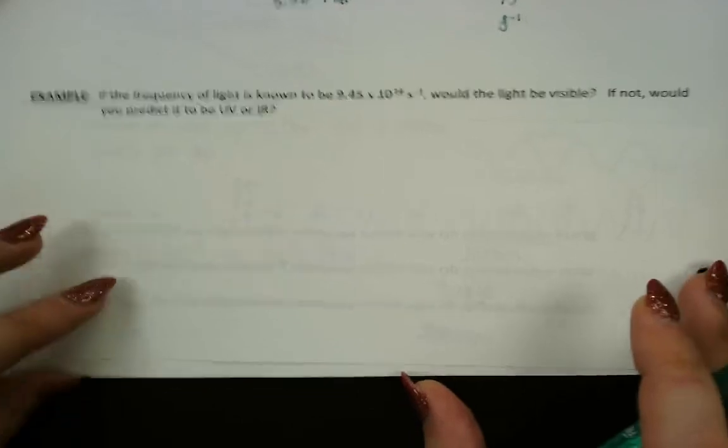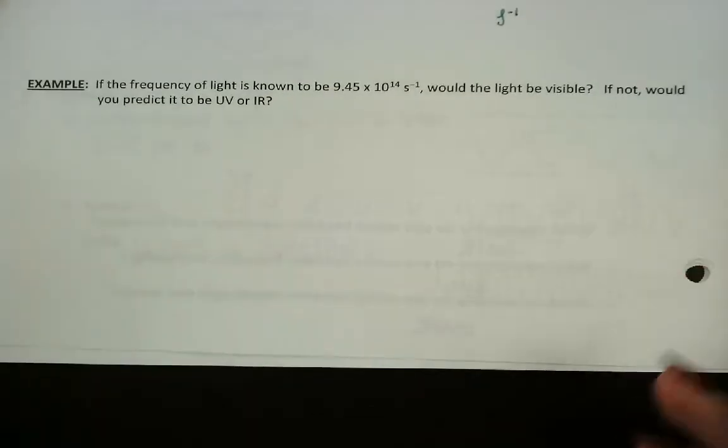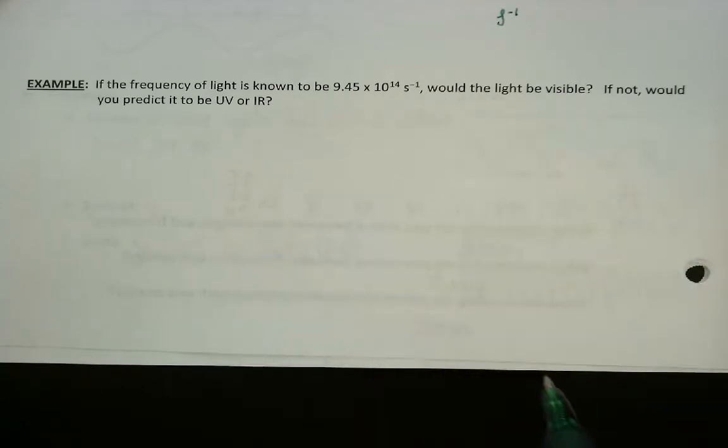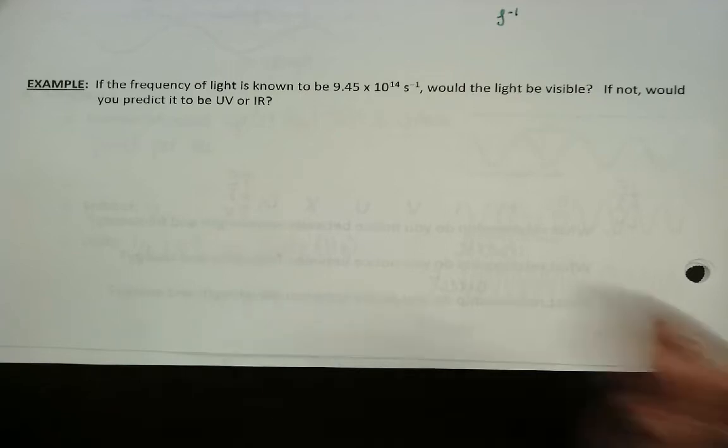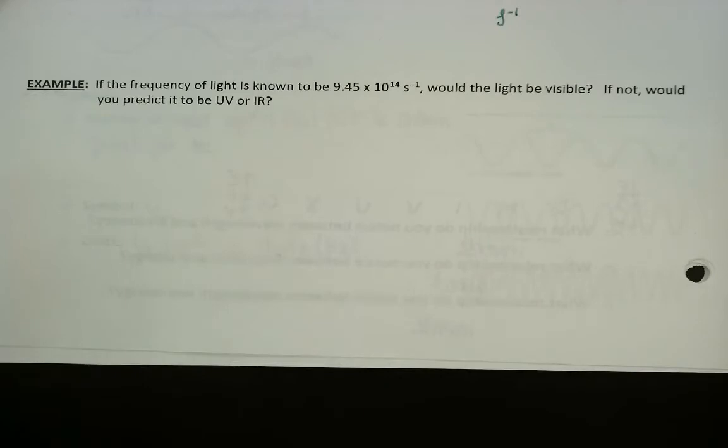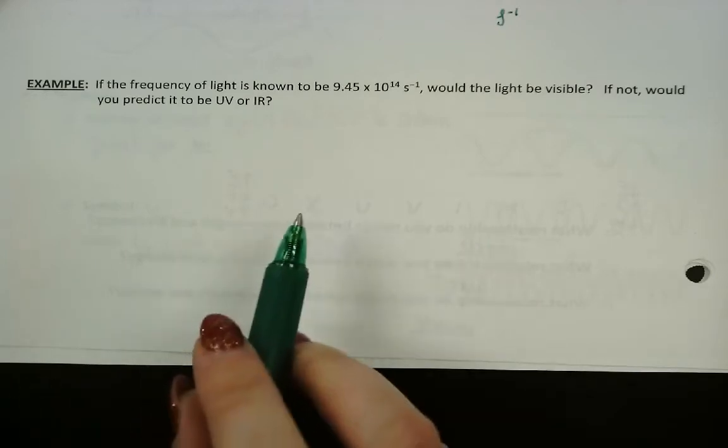This one says if the frequency of light is known to be 9.45 times 10 to the 14th hertz, would the light be visible? If not, would you predict it to be UV or IR, ultraviolet or infrared? The first thing we need to do is figure out what we're solving for.